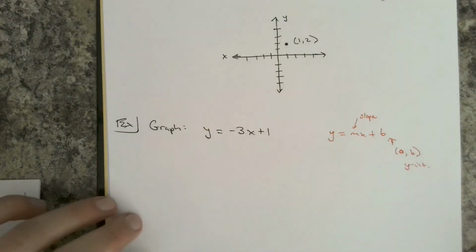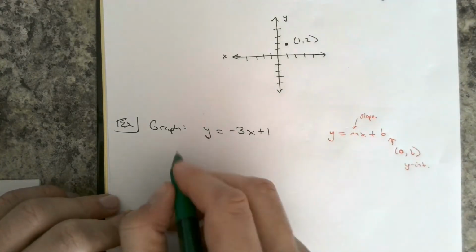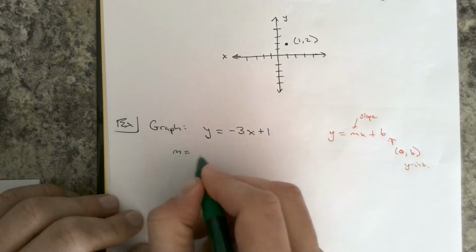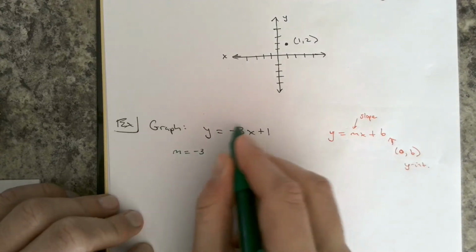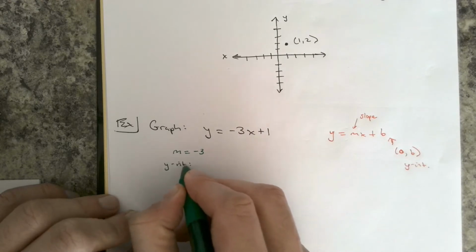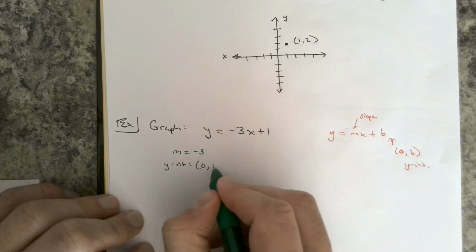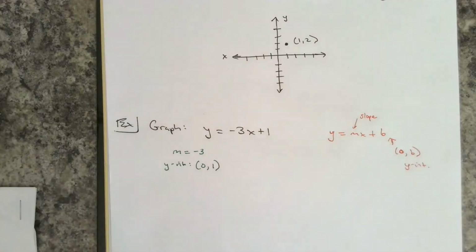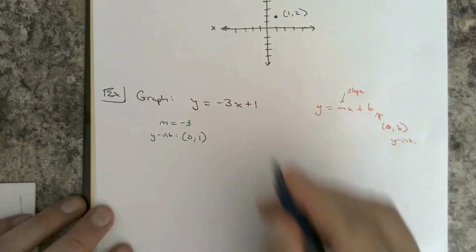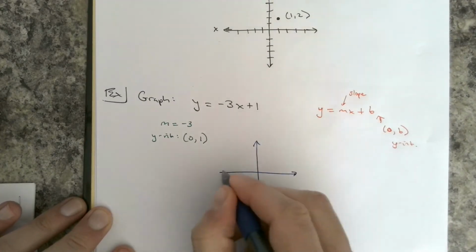So for this graph here, for y equals negative 3x plus 1, we know that the slope, m, is equal to negative 3. It's whatever value's in front of x. And the y-intercept we have 0, comma, b, which is this constant, so we'll call it 0, comma 1. So if I wanted to plot this line, I draw my x and y axis.